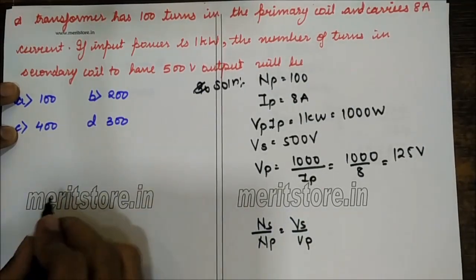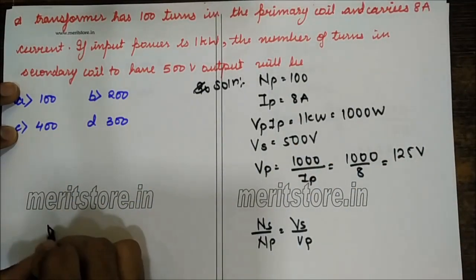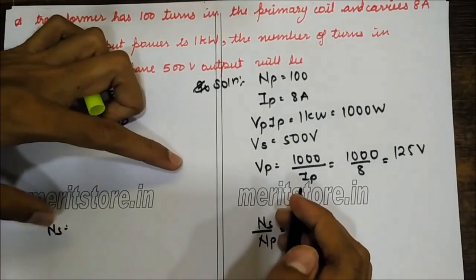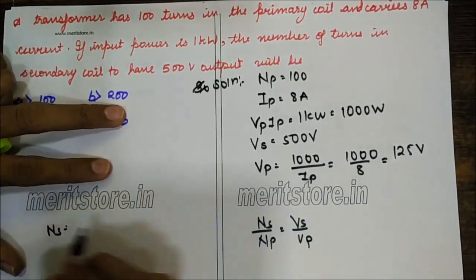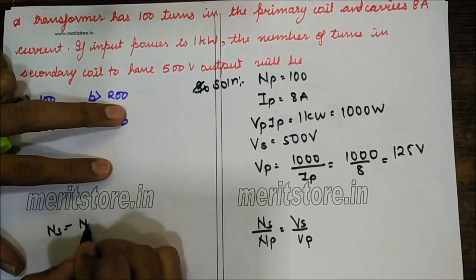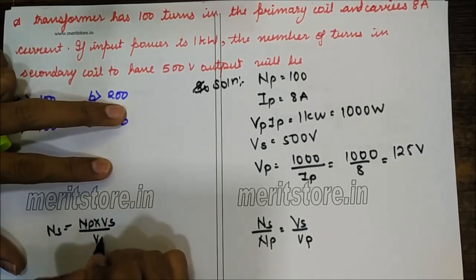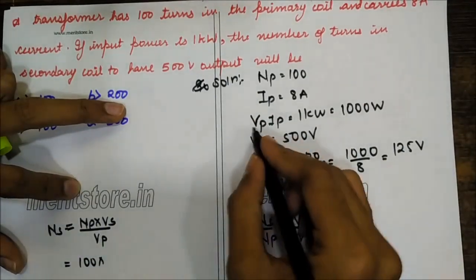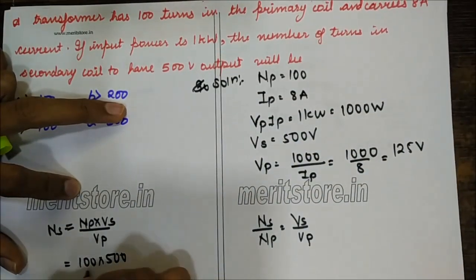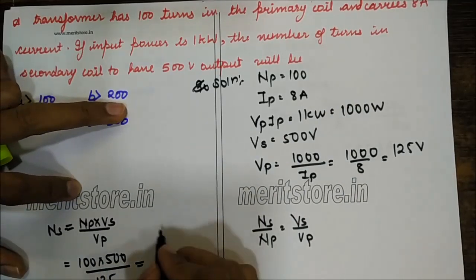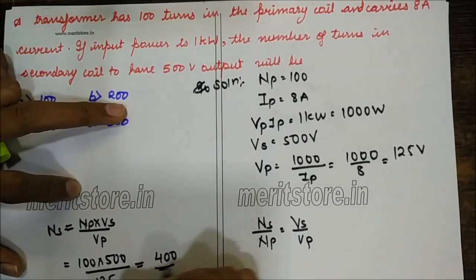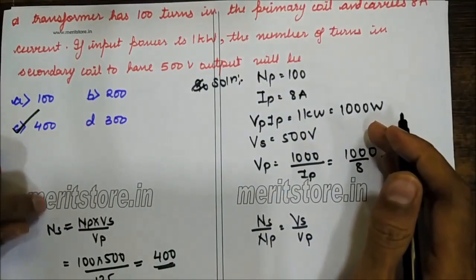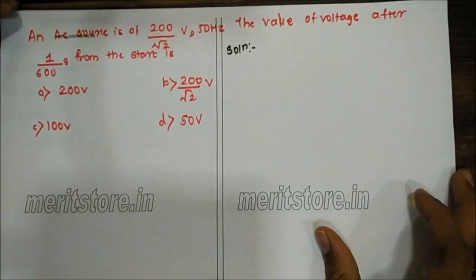We need to find the Ns value, that is the secondary coil turns. That is equal to Np into Vs upon Vp, that is 100 into Vs, which is given 500, upon Vp, which we found out is 125. On solving this we will get a value of 400 turns. So C is the correct option, 400 turns.